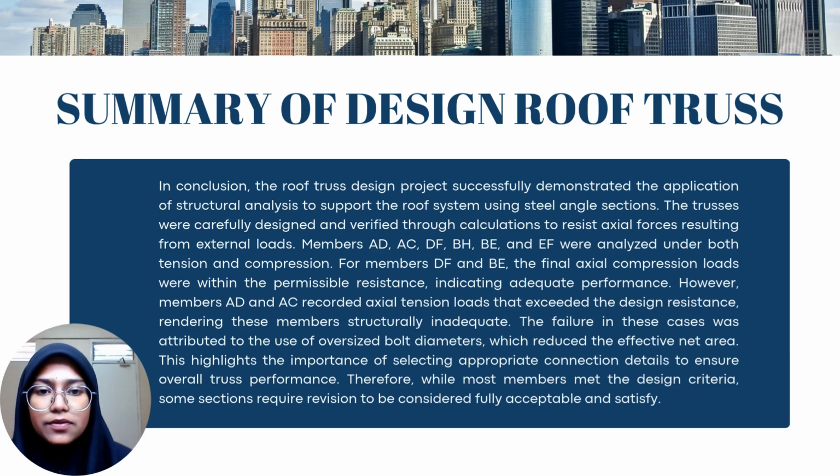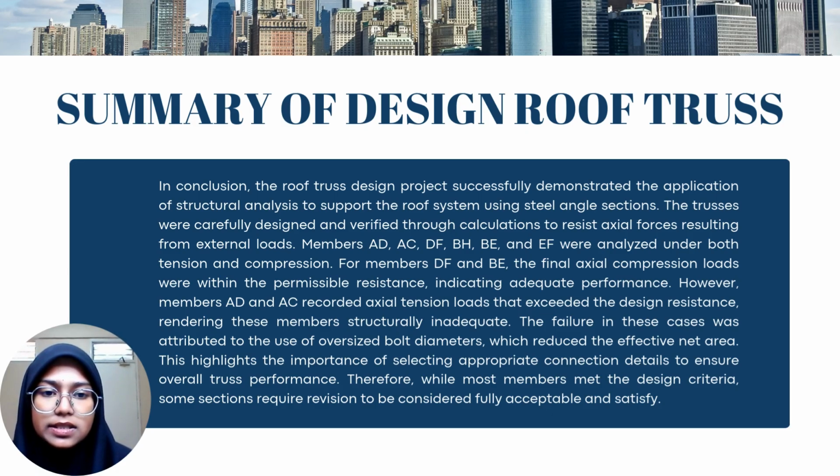For members TF and BE, the final axial compression loads were within the permissible resistance, indicating adequate performance. However, members AD and AC recorded axial tension loads that exceed the design resistance, rendering these members structurally inadequate.